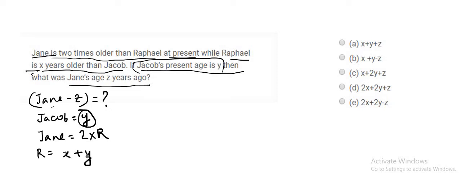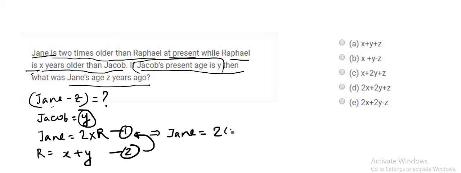So he is X plus Y. So here we have equation 1 and equation 2. So by replacing the value of Raphael or R into equation 1, we get Jane's age to be 2 into X plus Y.